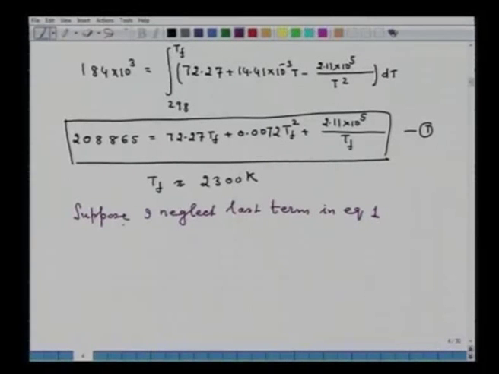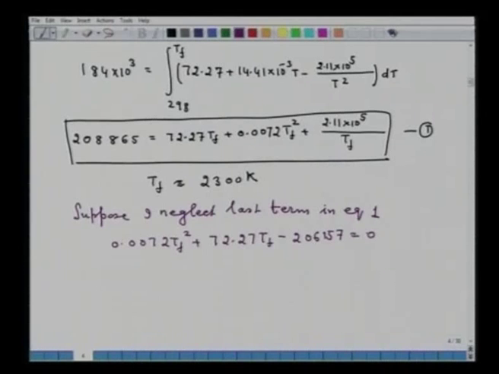So, in that particular case, the equation becomes a quadratic equation, and that will be 0.0072 Tf square plus 72.27 Tf minus 206,157 is equal to 0.